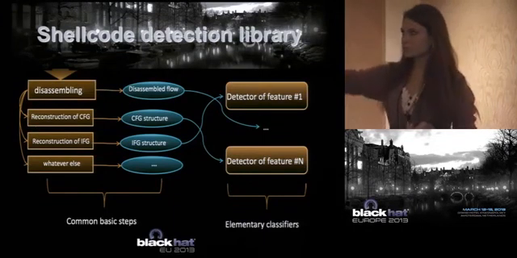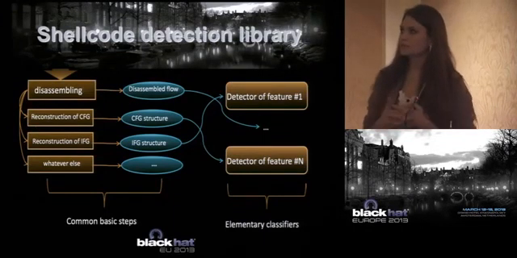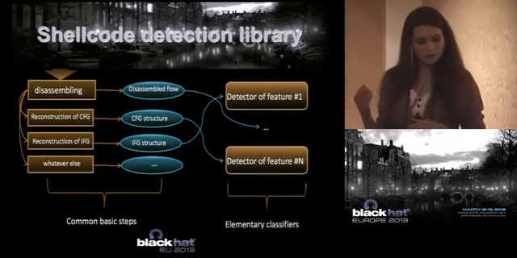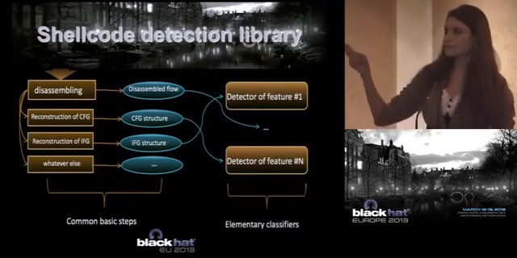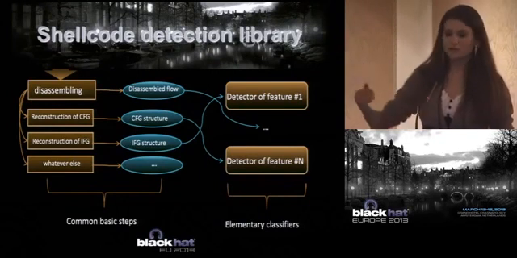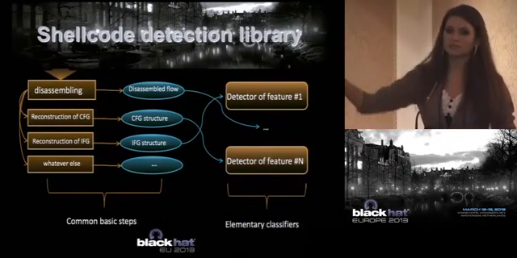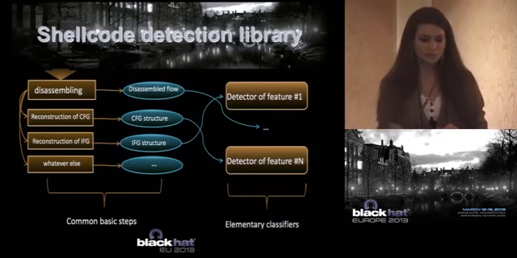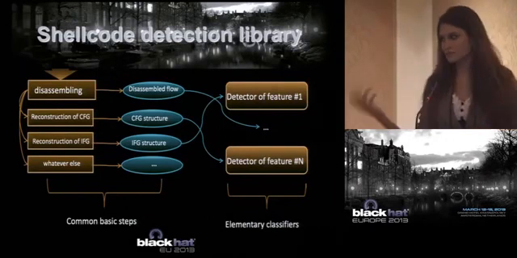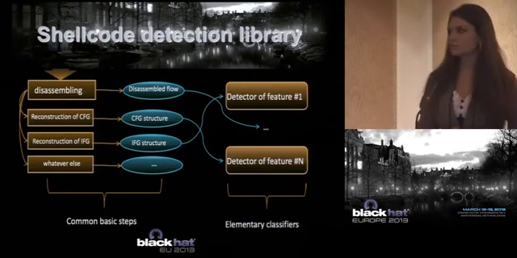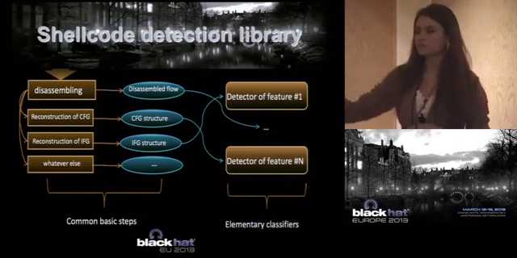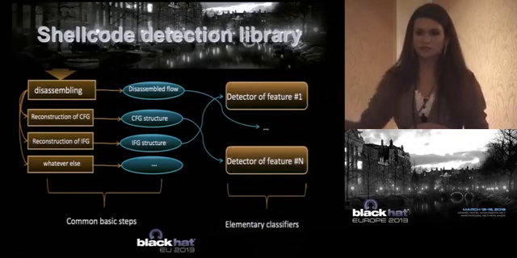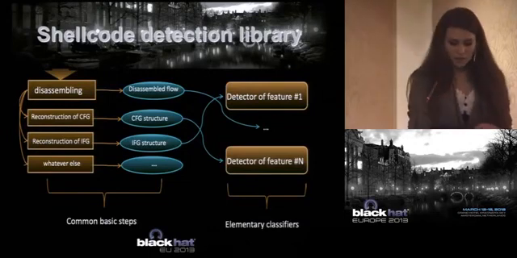We also noticed that during their analysis, all existing algorithms use common steps: they all need to disassemble the byte flow, and several of them need to reconstruct a control flow graph from the disassembled byte flow, or an instruction flow graph, or something else. So it seems reasonable for us to implement our tool as a shellcode detection library, as a part of our tool, in the way shown on the current slide.